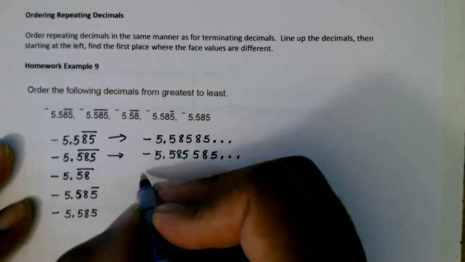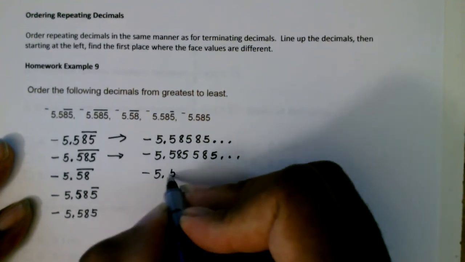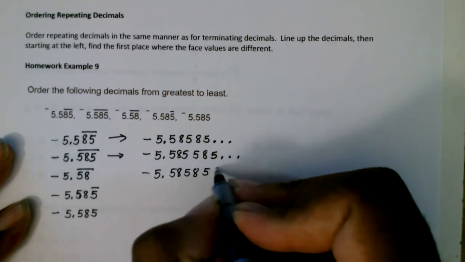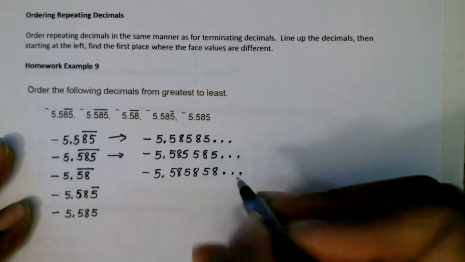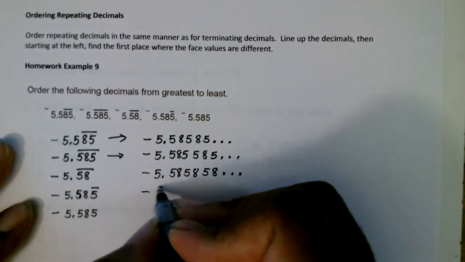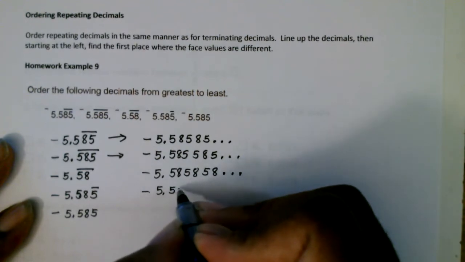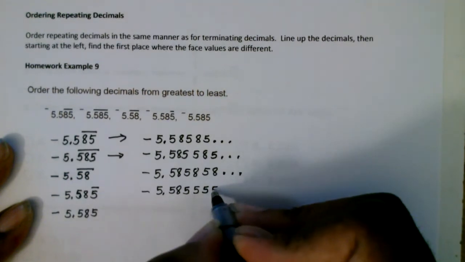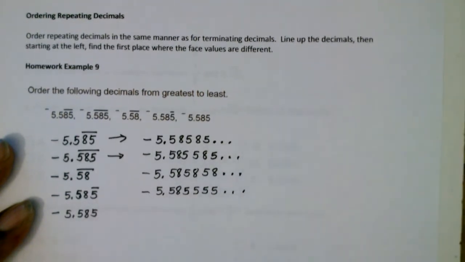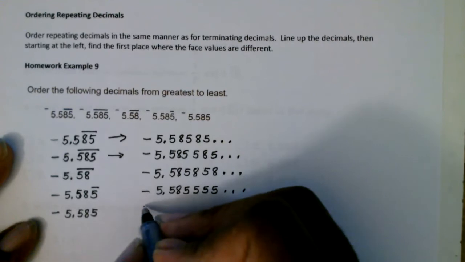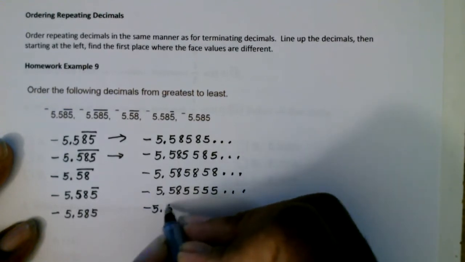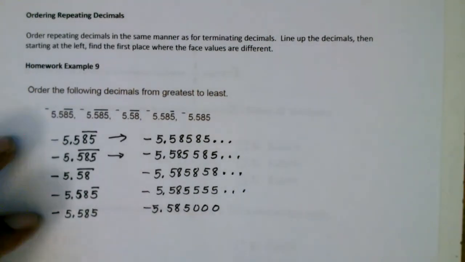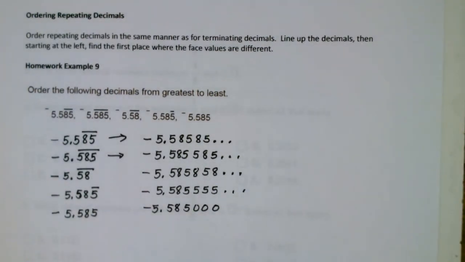Then this -5.58, where only the 5 and the 8 repeat. And then this next one, -5.585, but here only the 5 repeats. And finally, this last one, -5.585. I'm going to put zeros here so I have the same number of decimal places.